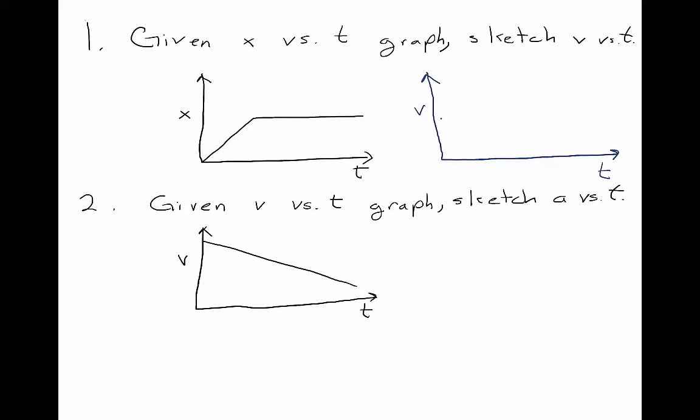So the slope of the line is constant and it's positive. So for the first time period, it's just going to be a horizontal line. Alright, after that, the position versus time graph stops changing. It's just a horizontal line. So position isn't changing anymore, which means that the velocity goes to 0.